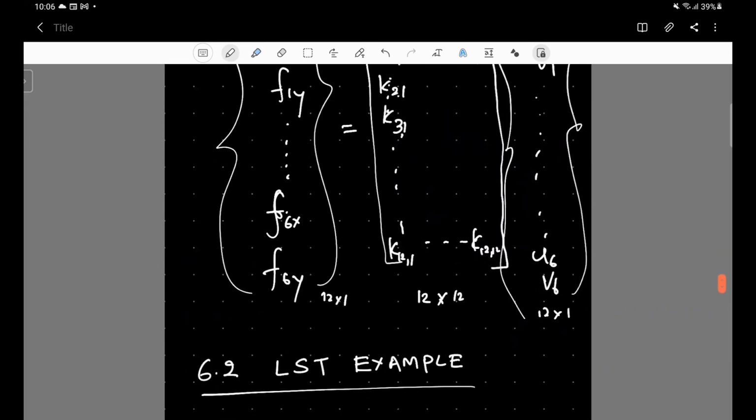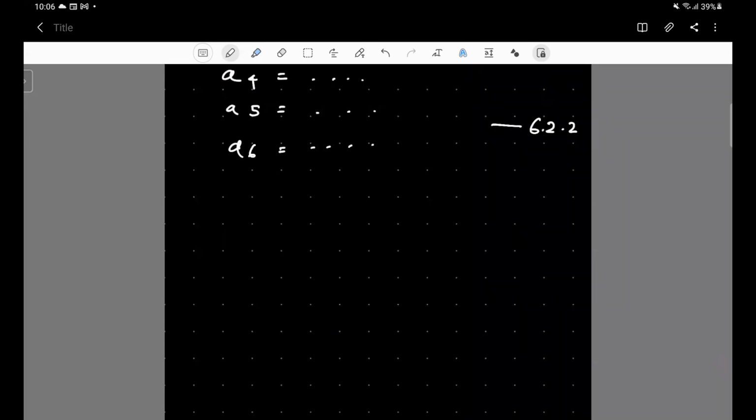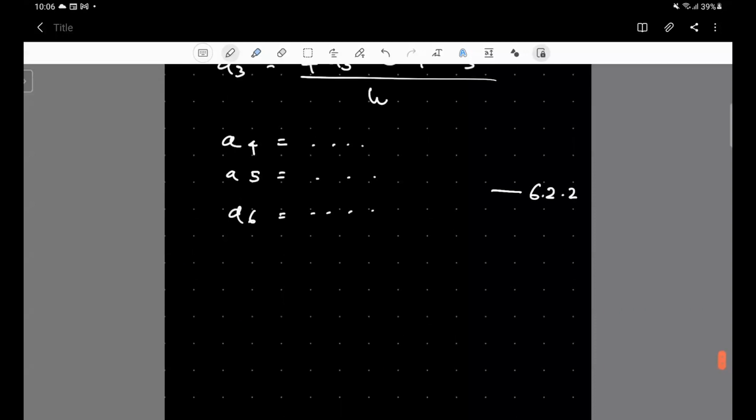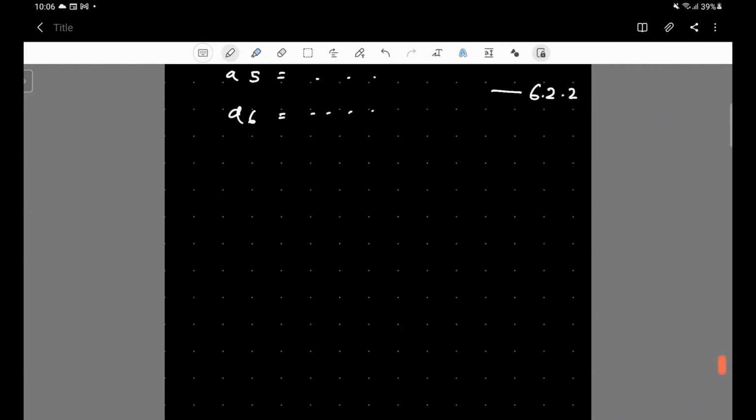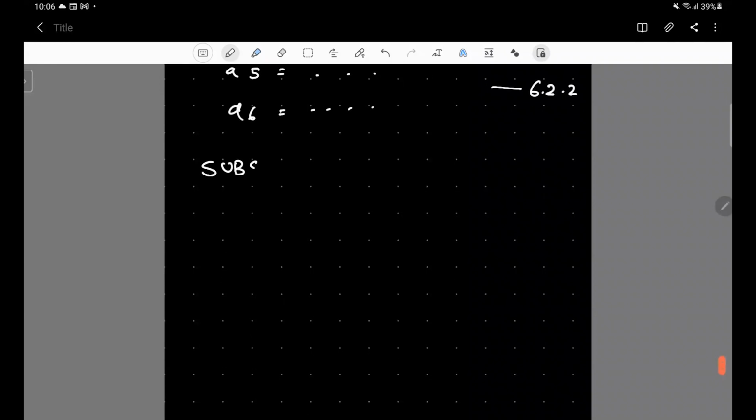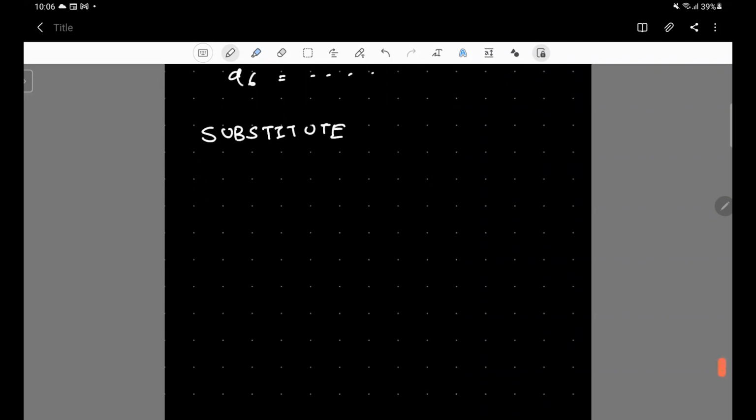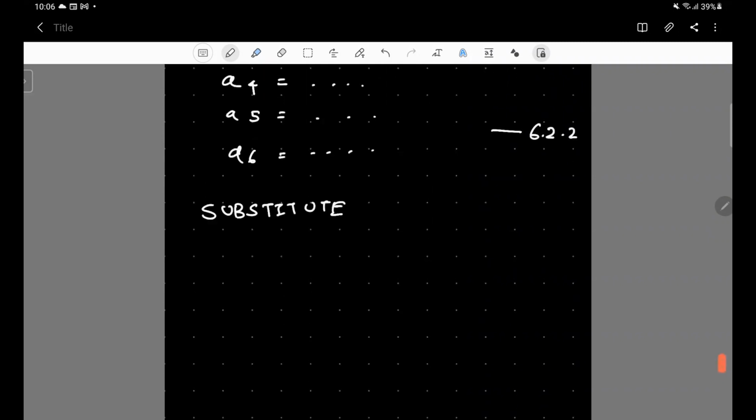So what you would do is, since you have already found a1 to a6, you can substitute the values which you got from equations 6.2.2 for the ai values into equation 6.1.2.